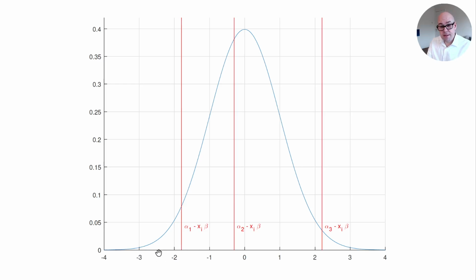What you see in this figure is basically four areas, and these are the probabilities that we get out of this model. This is the probability that the outcome is the lowest one, y is equal to 1. Then the second area is the probability that y is equal to 2. The third one is the probability that y is equal to 3, and here we have the probability that y is equal to 4 in our data.